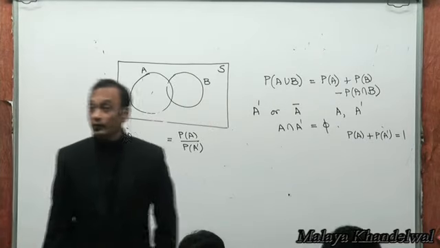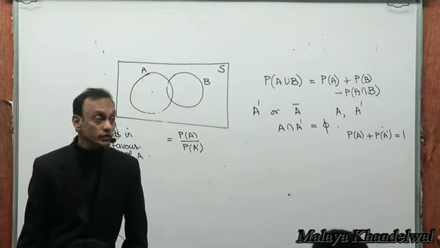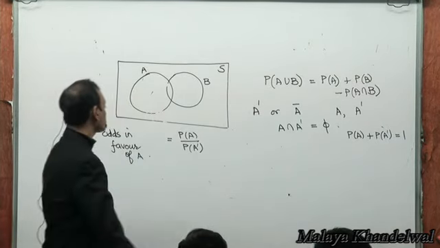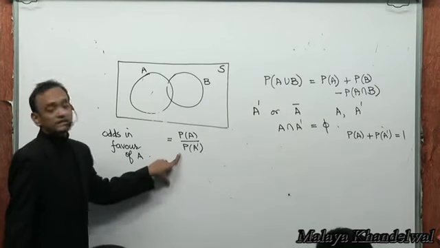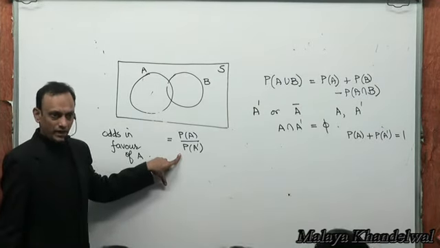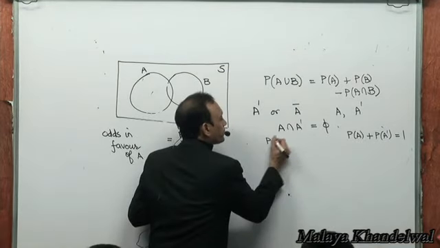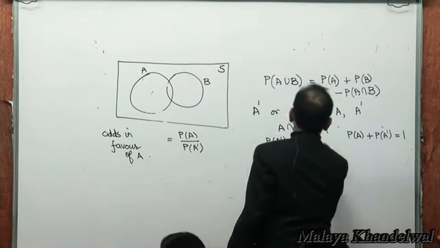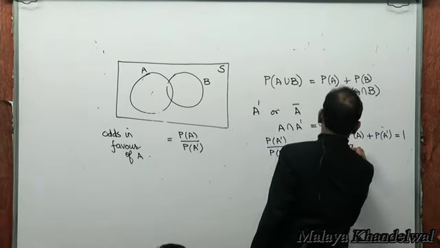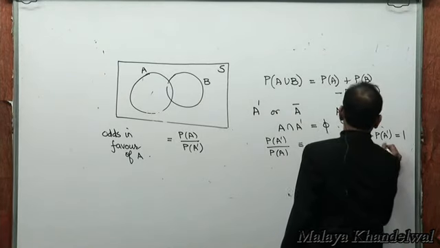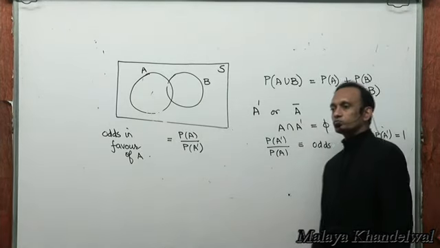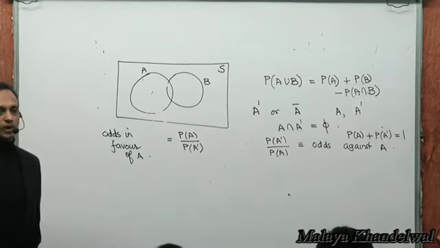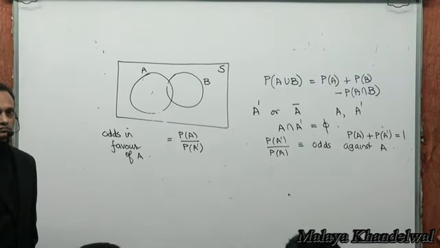They are mutually exhaustive, right? Probability of A plus probability of A prime is 1. Odds in favor of A is PA by PA prime, and PA prime by PA is called odds against A. Yes or no? How about it? Right?